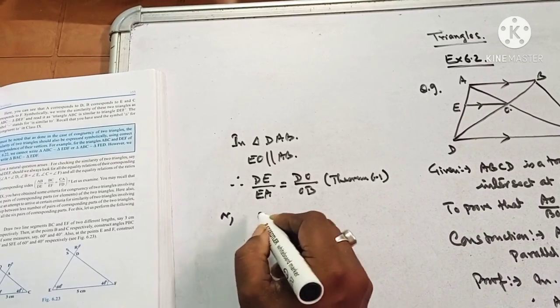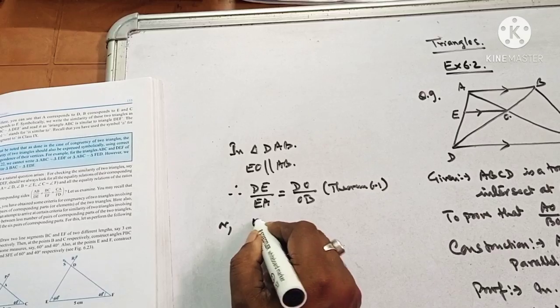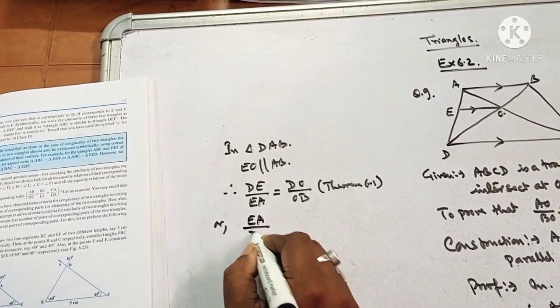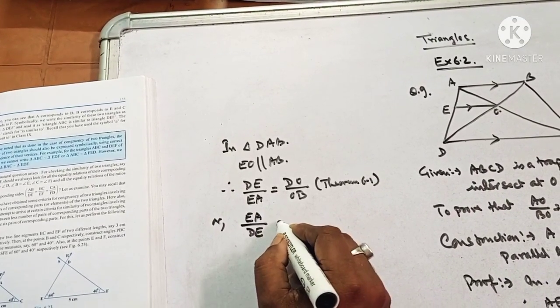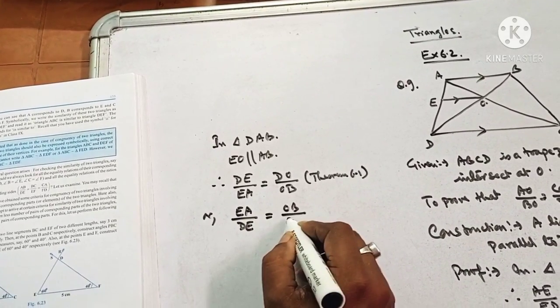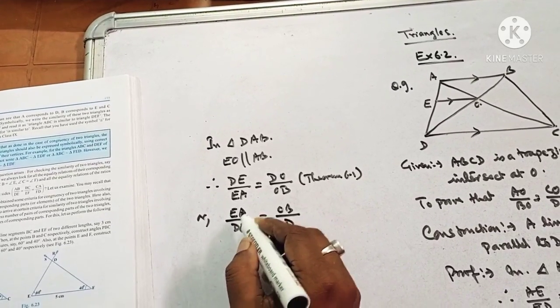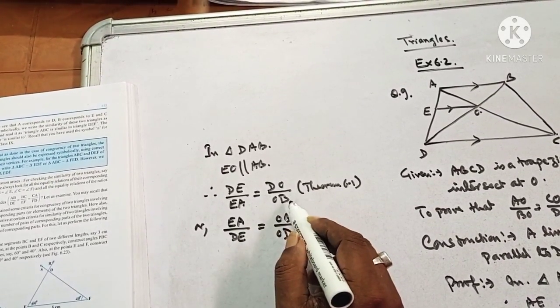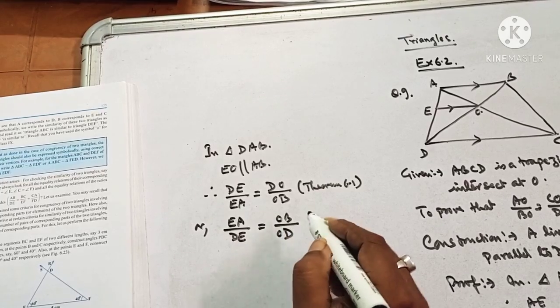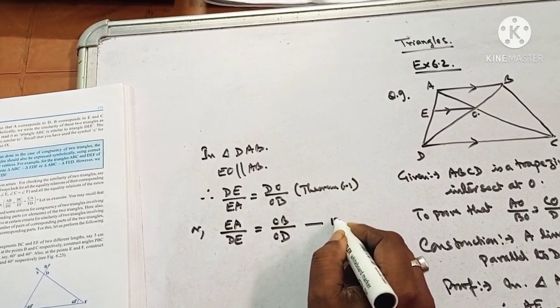This we can write as EA by DE is equal to OB by DO. This is equation 2.